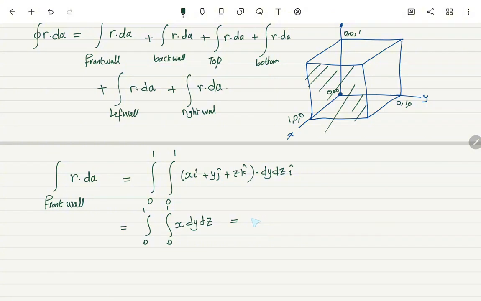In this case here, it's equal to x double integral from 0 to 1, 0 to 1 dy dz, and the integration of dy, it's y, 0 to 1, it's just 1, and integration of dz here, it's z, the integration from 0 to 1, so it's 1, and x in this case for the front wall, it's 1, so this whole integral here, it's equal to 1.